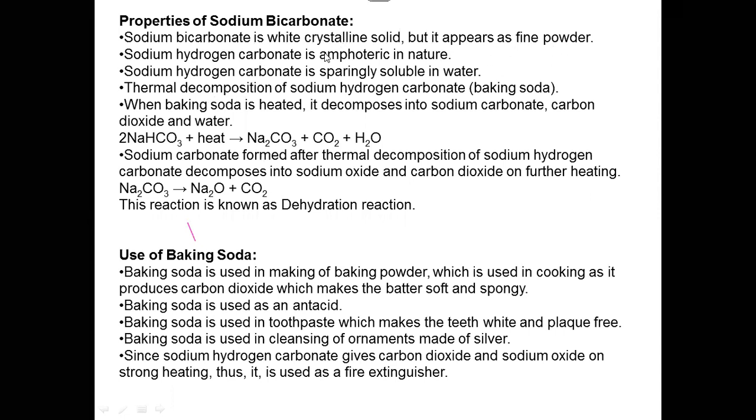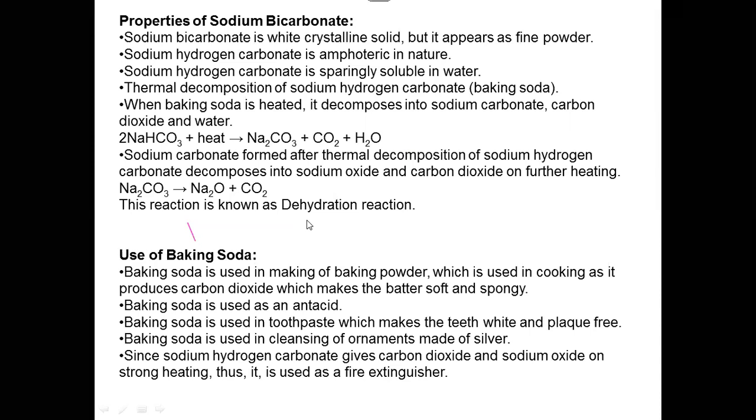Then it is amphoteric in nature, sparingly soluble in water, meaning less soluble in water. Thermal decomposition means on heating. When baking soda is heated, it decomposes into carbon dioxide and water. The reaction is 2NaHCO3, on heating gives Na2CO3 plus CO2 plus H2O.